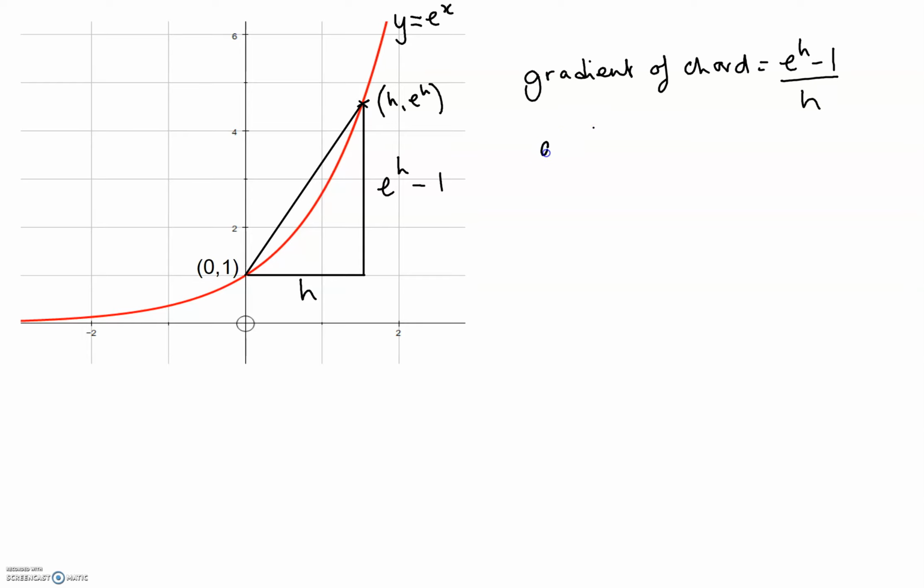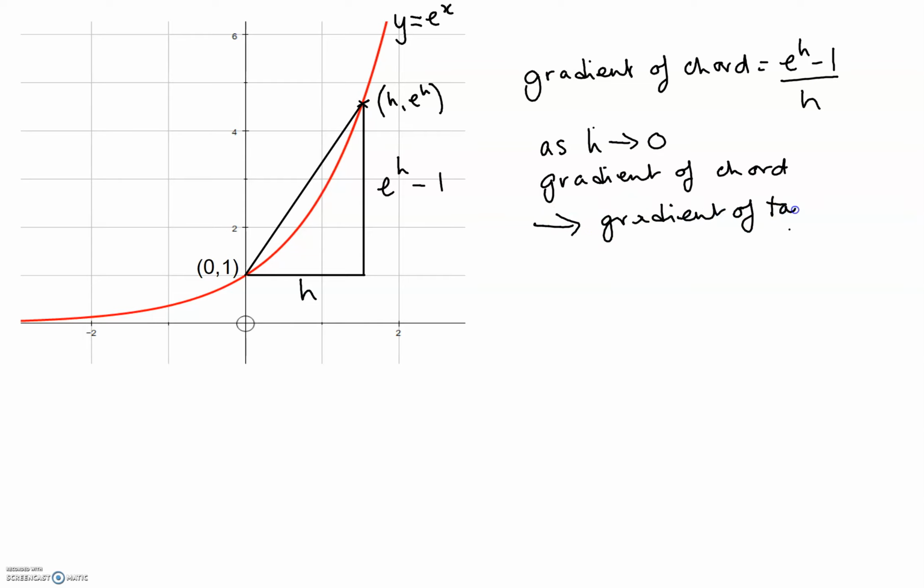And we know that as h tends to 0, then the gradient of the chord tends to the gradient of the tangent, and we want that tangent to be at the point 0, 1.